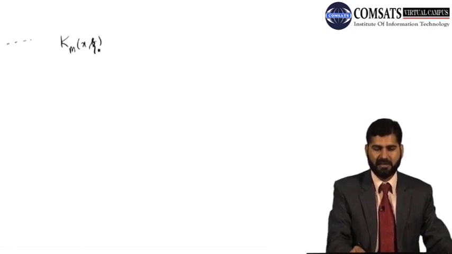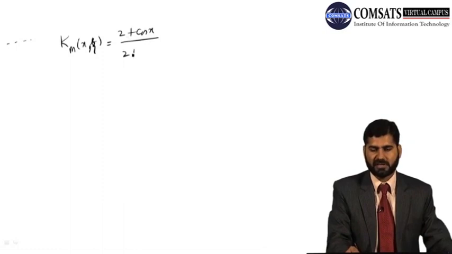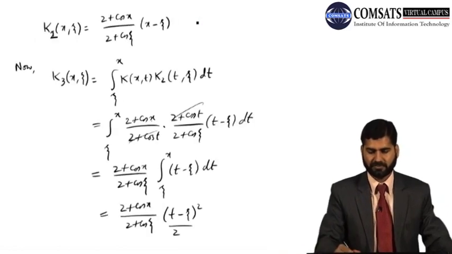So if we carry on, your k_m(x, xi) will be, because 2 plus cos x is common everywhere and 2 plus cosine xi is common everywhere, (x minus xi) to the power m minus 1 over (m minus 1) factorial.